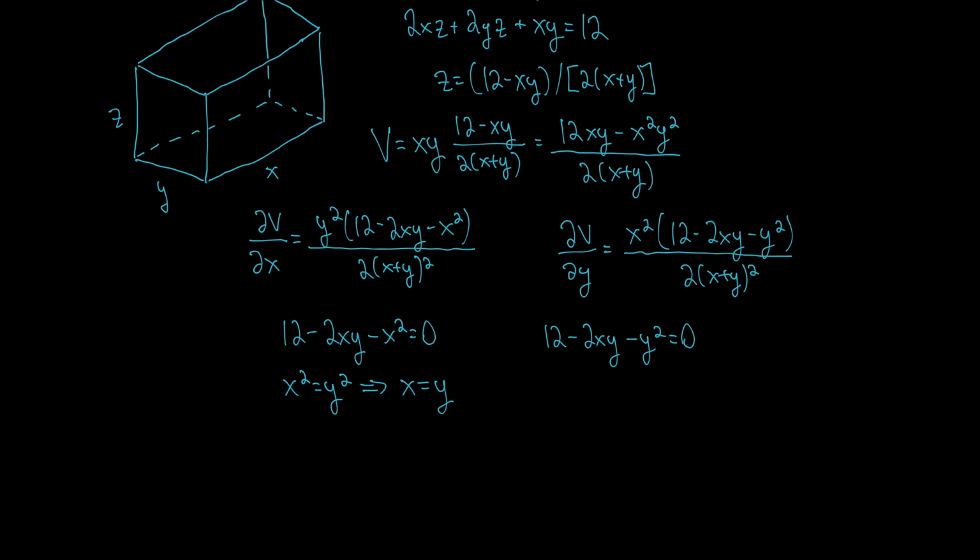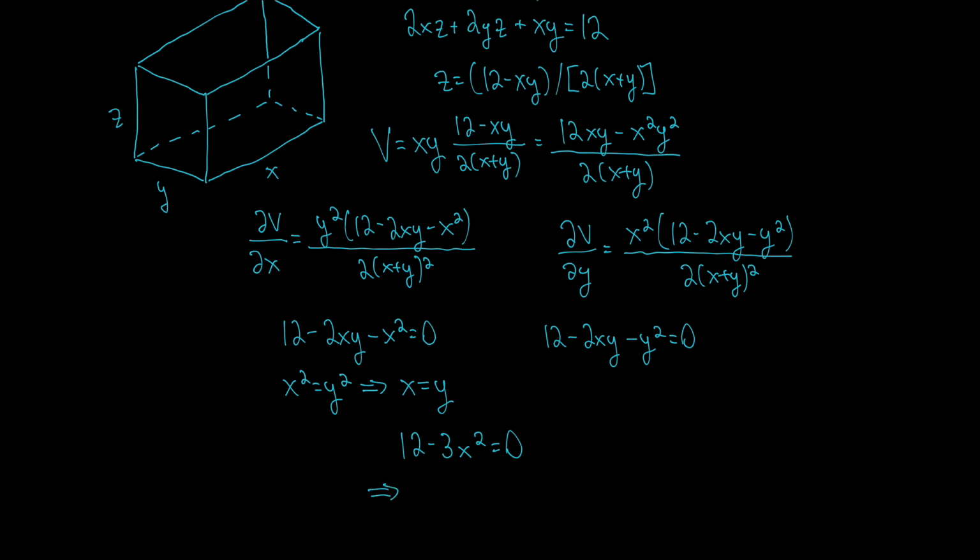Alright, so x equals y. We also have that 12 minus 3x squared is equal to 0 then, because I can just replace y with x over here, and I get minus 2x squared minus x squared is 3x squared.